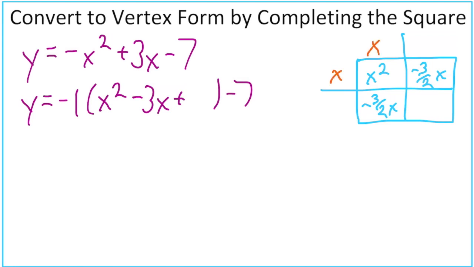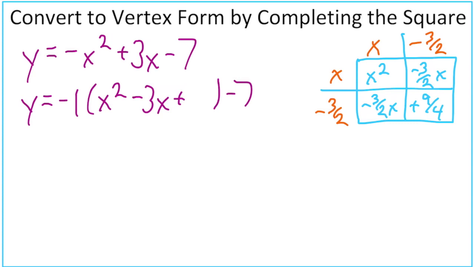So what's the outside of this generic rectangle? We have x times x, and this would be negative 3/2. Now, when we go ahead and complete the square here, negative 3/2 times negative 3/2 is positive 9/4. I'm just going 3 times 3 and 2 times 2.